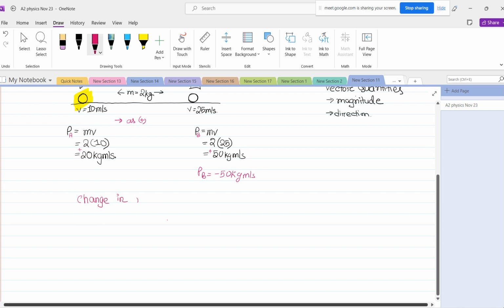Change in momentum is basically final momentum minus initial momentum.